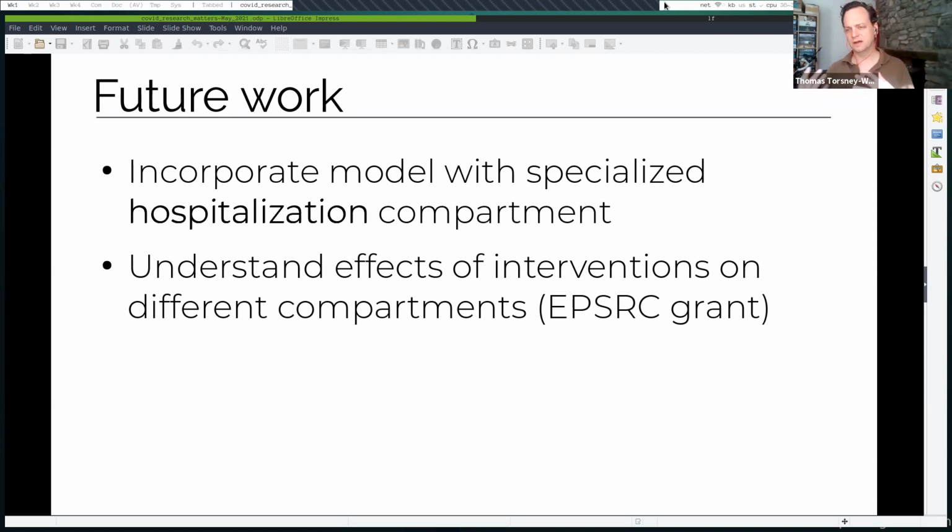Similar to this tool, which combined modeling with a visualization tool, this is also going to be a visualization tool combined with modeling. And so that's future work.